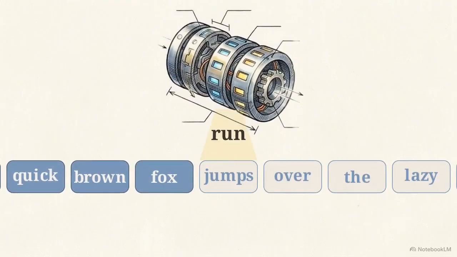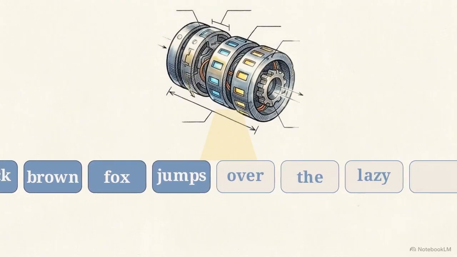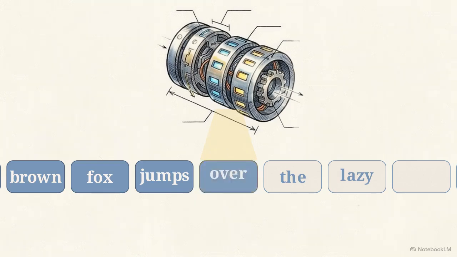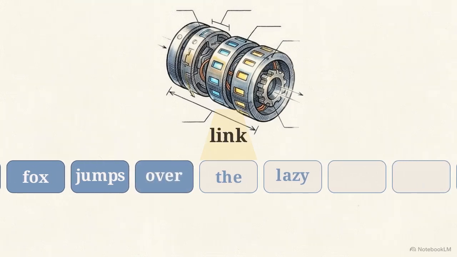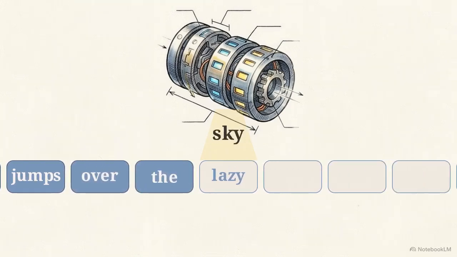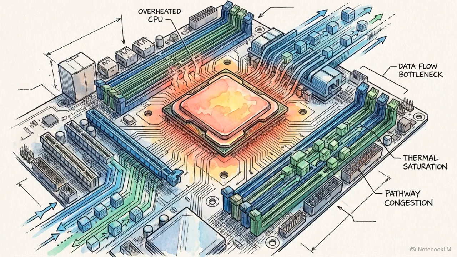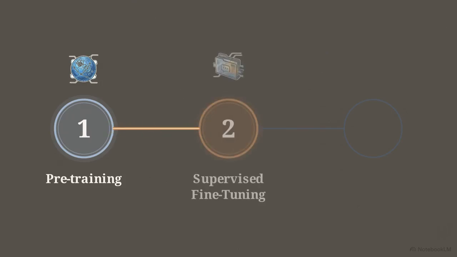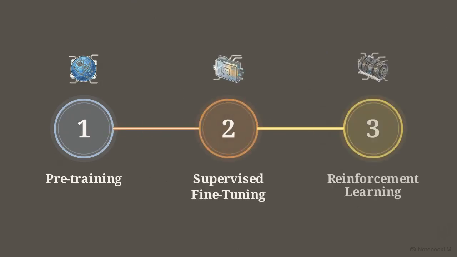At its core, the system is a stochastic, sequence-to-sequence token tumbler. It calculates the statistical probability of which text chunk should follow the last one, and it operates under severe computational bottlenecks. To reach the point where it can hold a conversation, a model must survive 3 evolutionary phases: pre-training, supervised fine-tuning, and reinforcement learning.